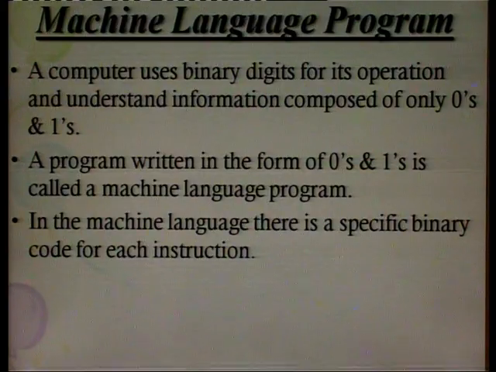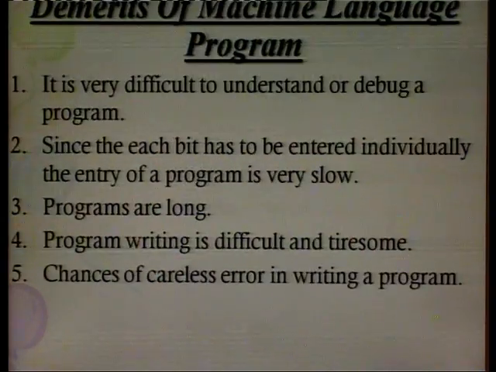For each instruction, the microprocessor has a different machine code or combination of zeros and ones, and a program written in the zeros and ones form is called a machine language program.